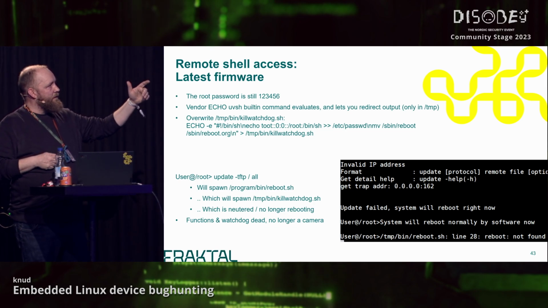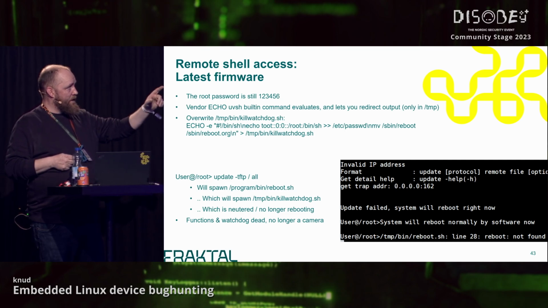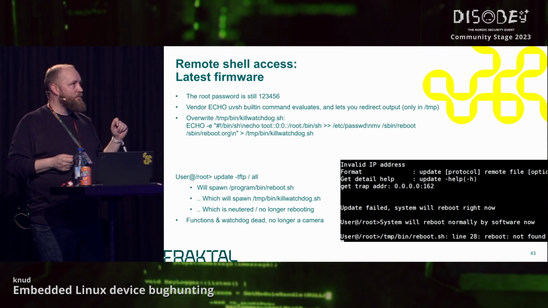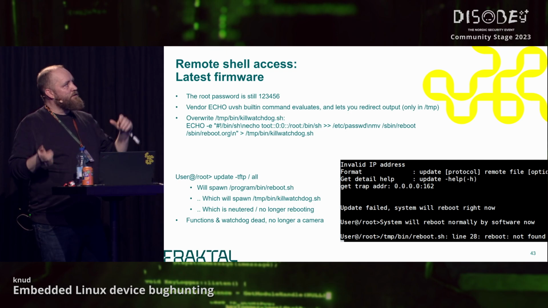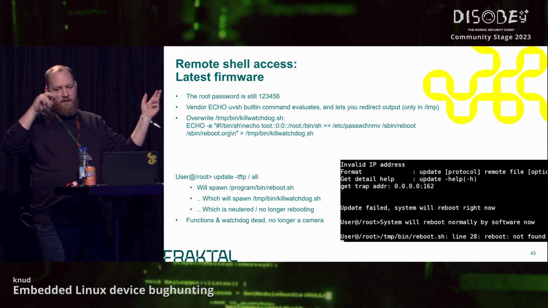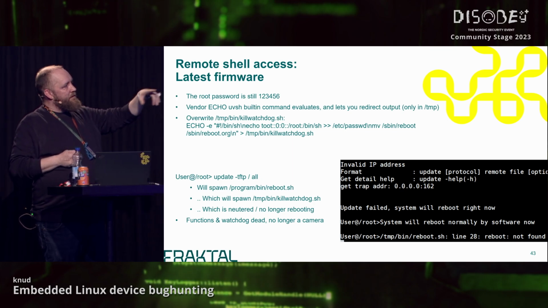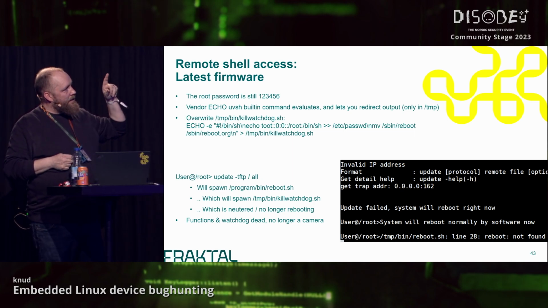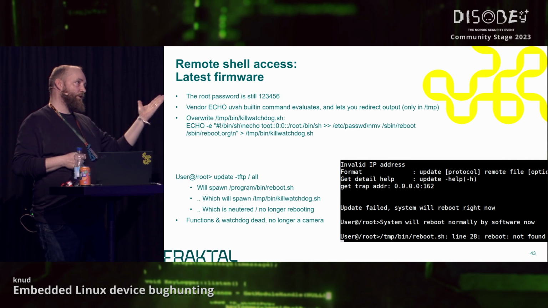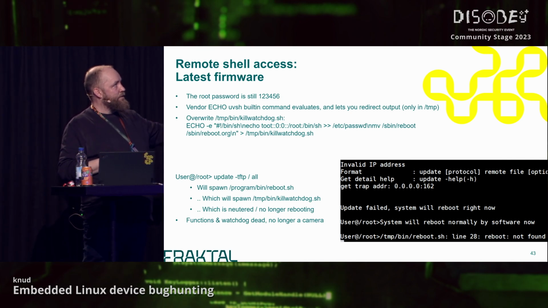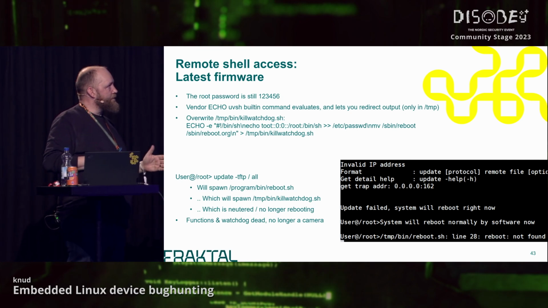But the echo command is a monstrosity of the real echo command. So if you do echo -e, it's going to evaluate your characters and expand them. So you can still redirect output for some reason, and only in /tmp, but as luck would have it, there's actually production code in the temp folder.